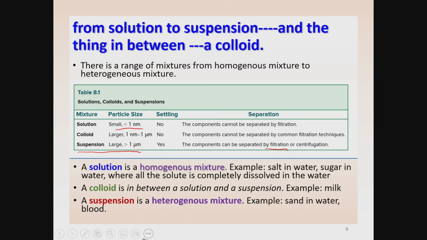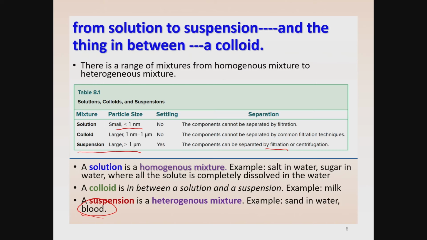So an interesting example of a heterogeneous mixture or a suspension that I haven't mentioned here is blood. So imagine taking out blood from your vein and looking at it, say, in a container. So it kind of looks like it might be a solution, right?